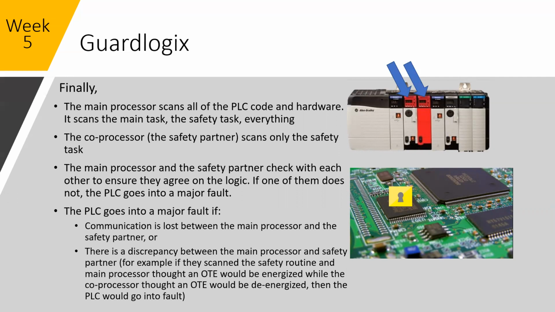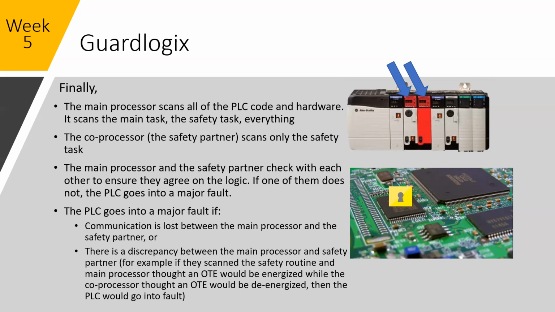So the PLC will go into major fault also if the safety coprocessor and the main processor lose comms for whatever reason. This is going to be if one gets pulled out of the rack, if the backplane fails. You can set these up where you have them in multiple racks, although I don't know why you would. You're just asking for an additional level of failure.